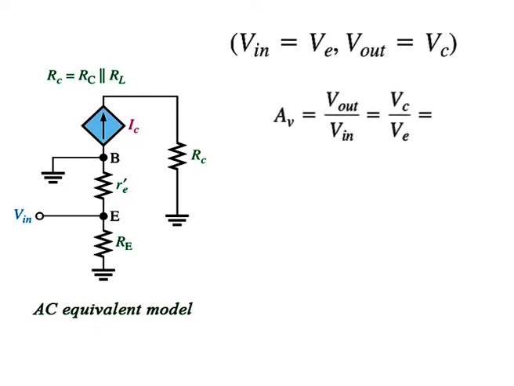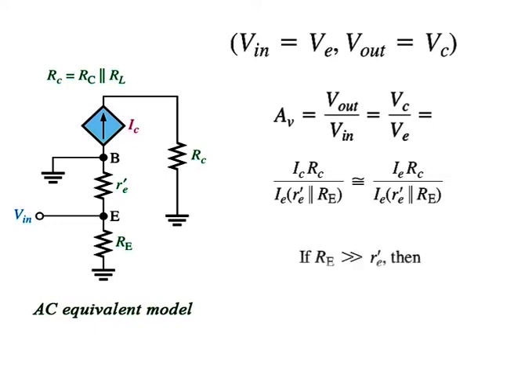So, Av is equal to Vout over Vin, equal to Vc over Ve, which becomes Ic times Rc over Ie times re parallel with Re, and is approximately equal to Ie times Rc over Ie times re parallel with Re.